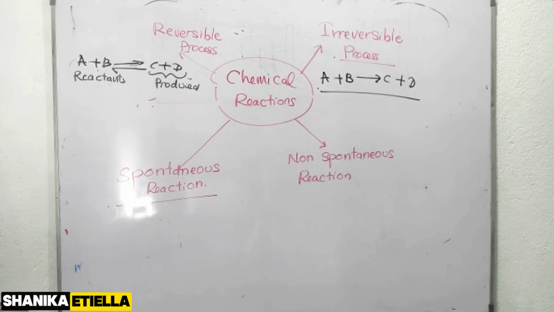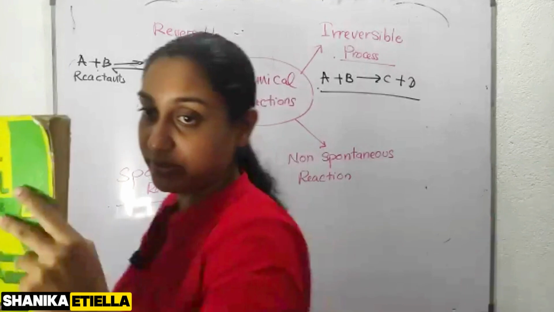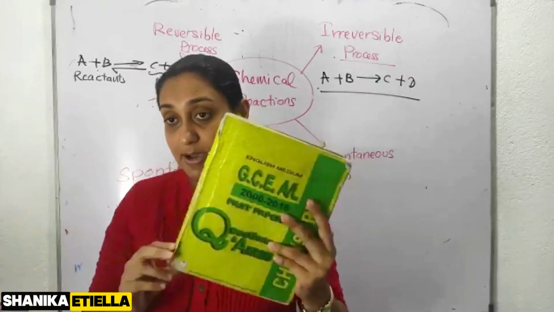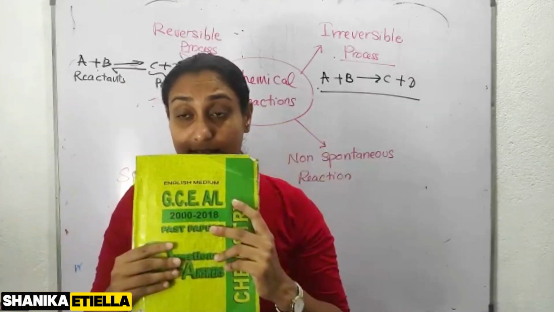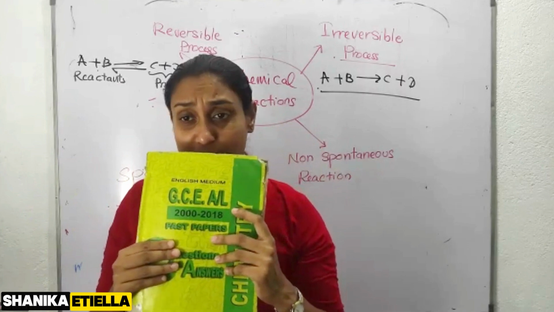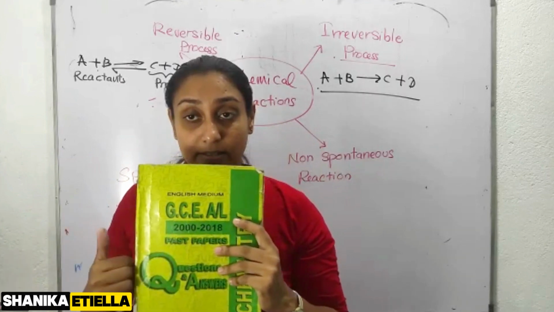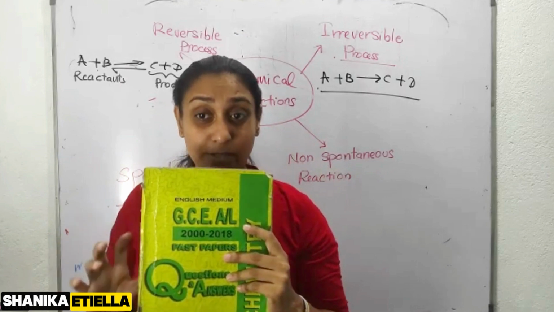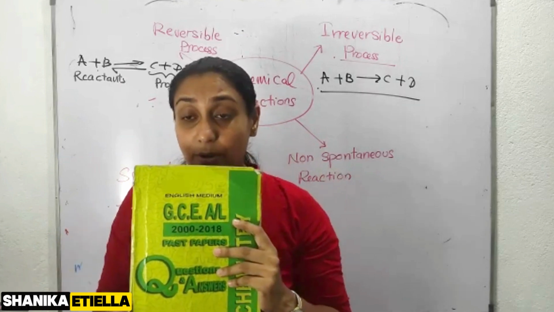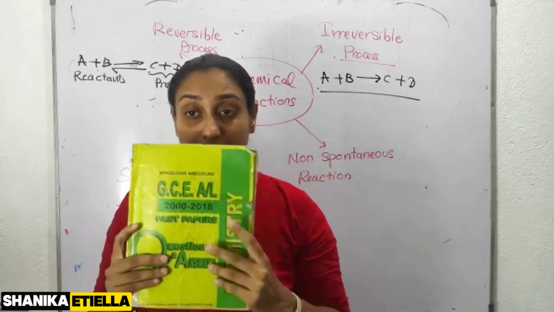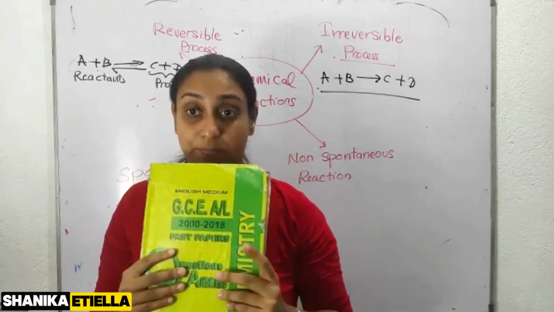Students, this is my past paper book. Or else you can buy a past paper book in the market. I think it's from 2014 or something, it's okay. Once you join my permanent groups, I will give the Google Drive with the past paper questions from 2000 to 2023.